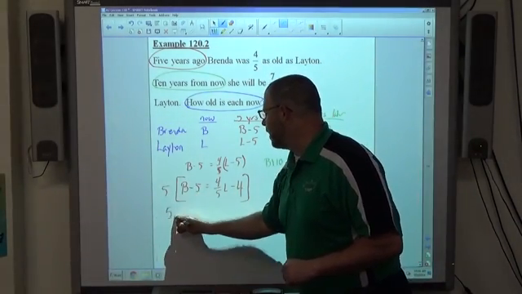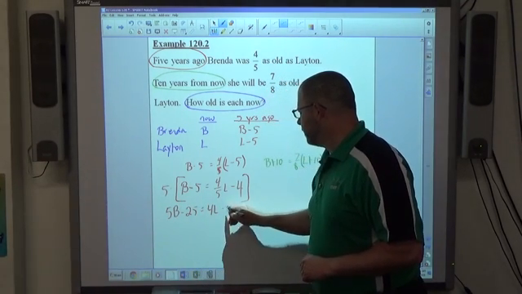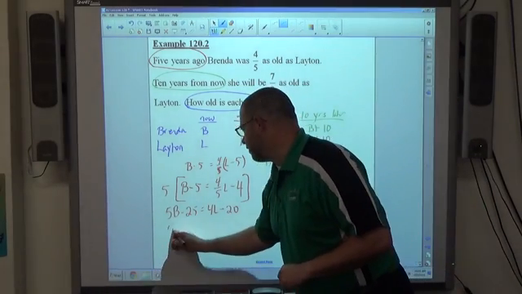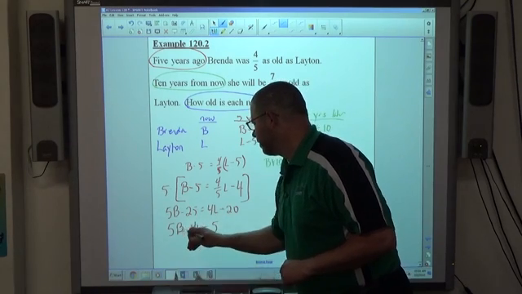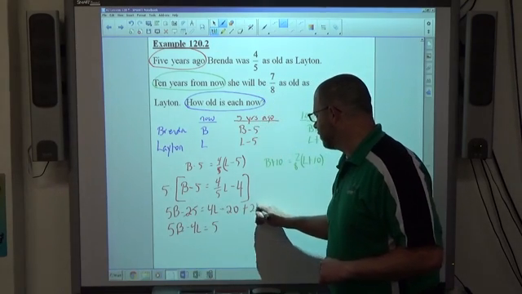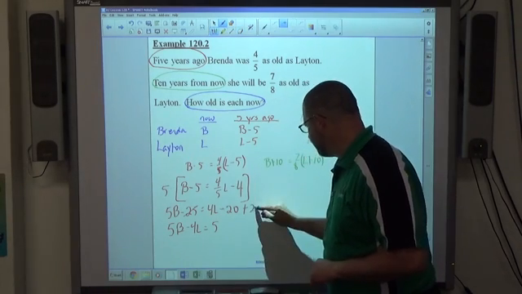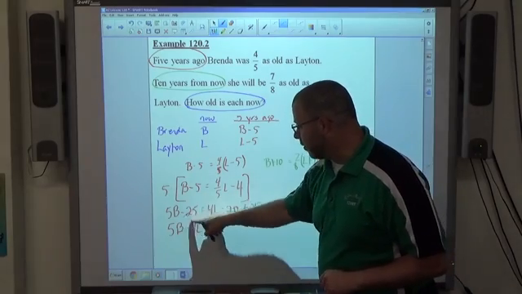So I'm going to get 5B minus 25 equals 4L minus 20. I would move the 4L left, the 25 right, so that gives me 5B minus 4L is equal to positive 5. 25 moves over, becomes positive, negative 25, 20 plus 25 makes positive 5. The 4L moves left, becomes negative.